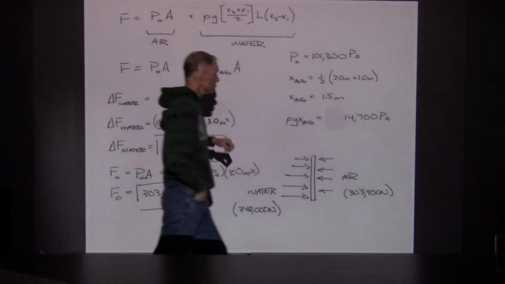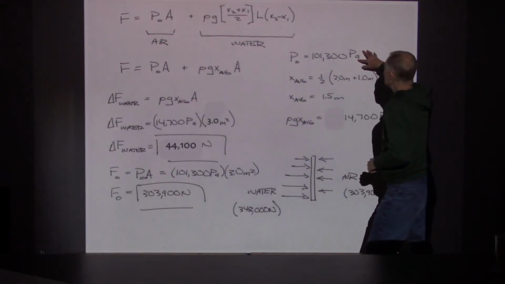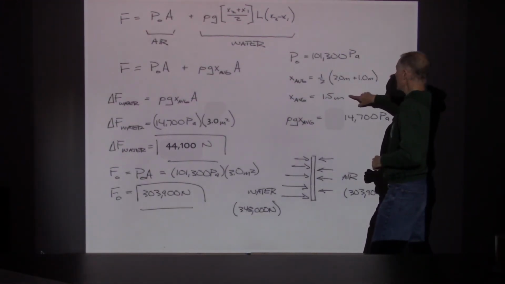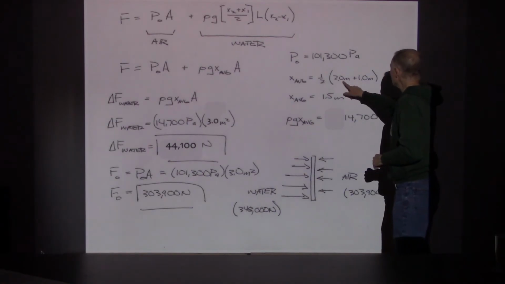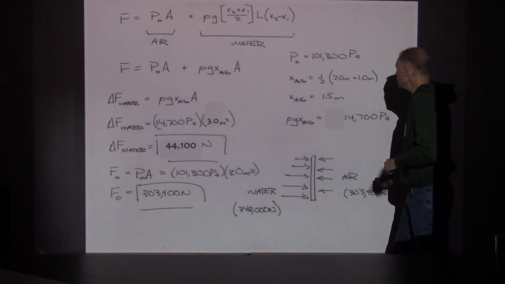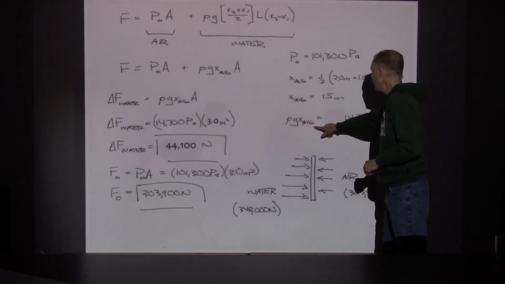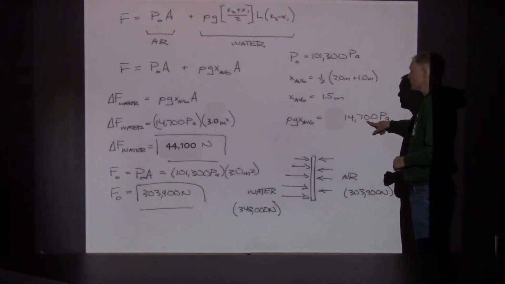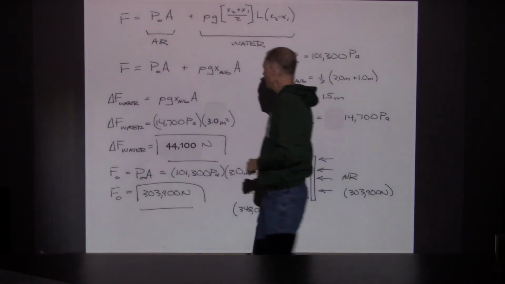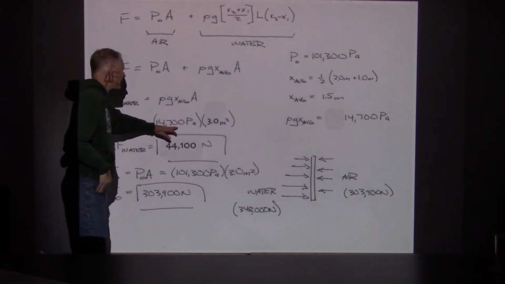I guess we've got the values here. So let me come to here. Here is the P naught. Here is the average depth. The average depth is at 1.5 meters. So we took the 1 and the 2, we took the average value, and the density times g times x at that location is 14,700 pascals. So notice, we're not terribly deep.